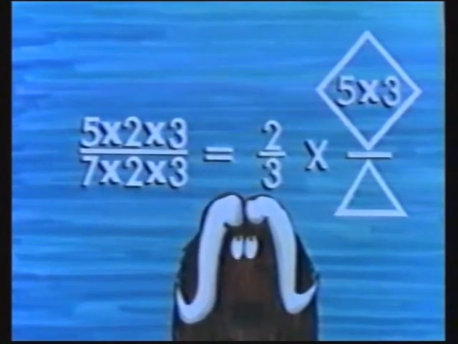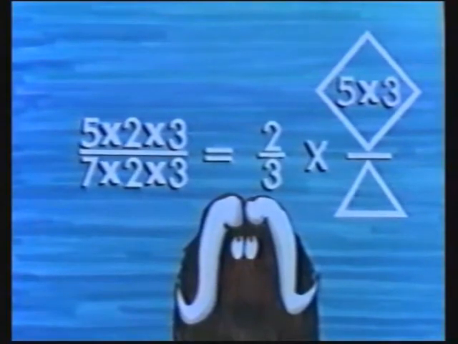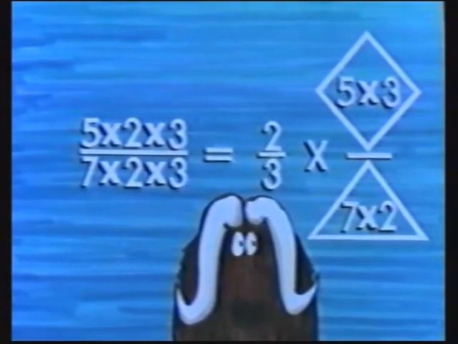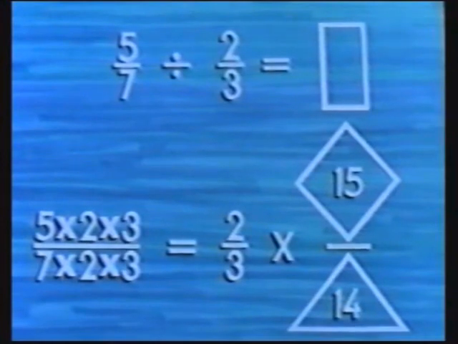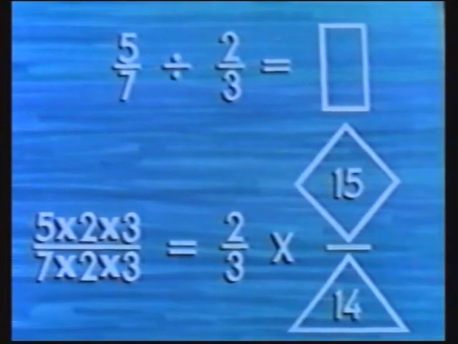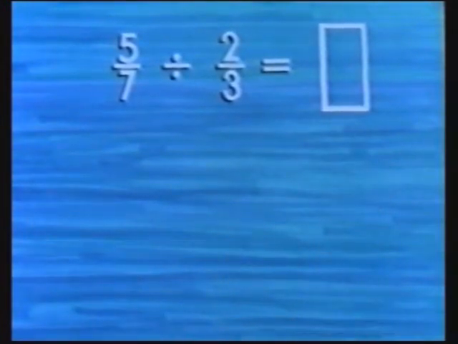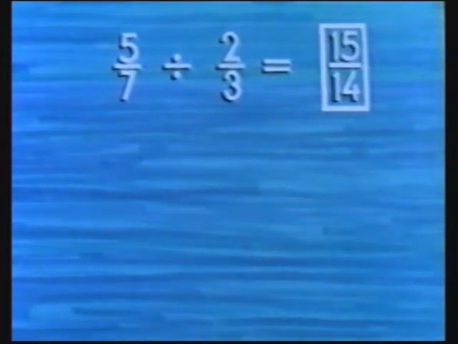And 3 times 7 times 2 is 7 times 2 times 3. There, you've done it. 5/7 divided by 2/3 is 15/14.